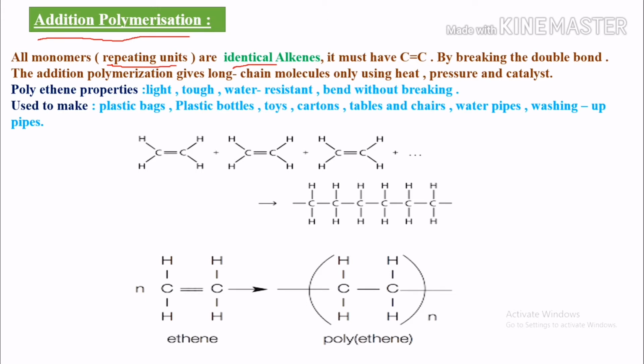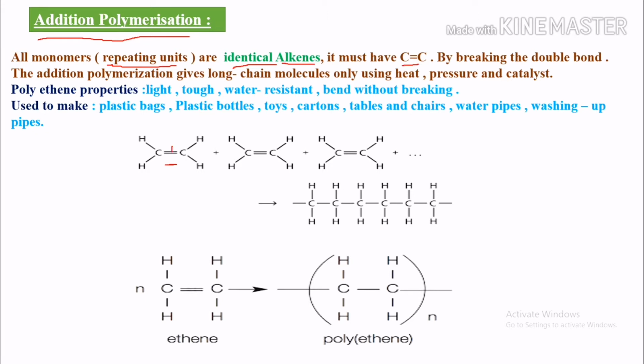All repeating units are alkenes. All alkenes are unsaturated compounds. Unsaturated compounds means all alkene compounds contain at least one double bond. It must contain C double bond C.